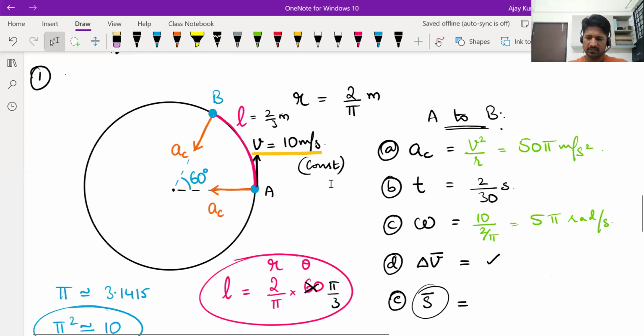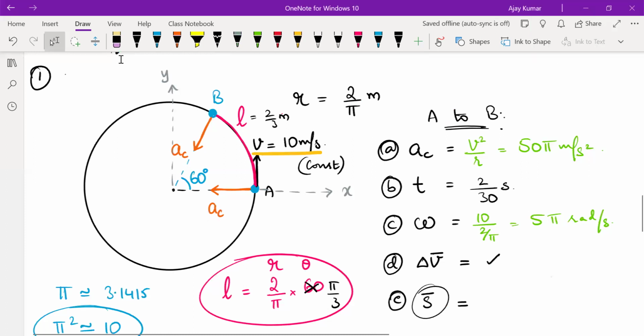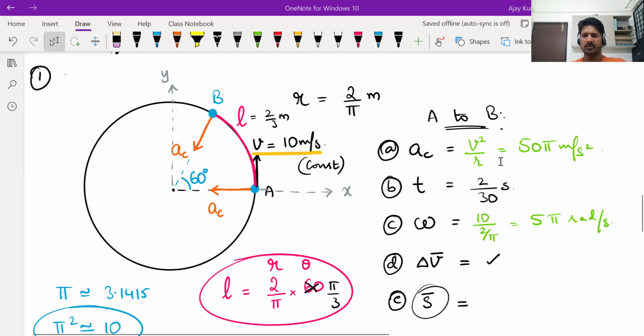For reference, you can take x-axis, y-axis. Okay, assume this is the x direction. This is the y direction. By definition, what is displacement?